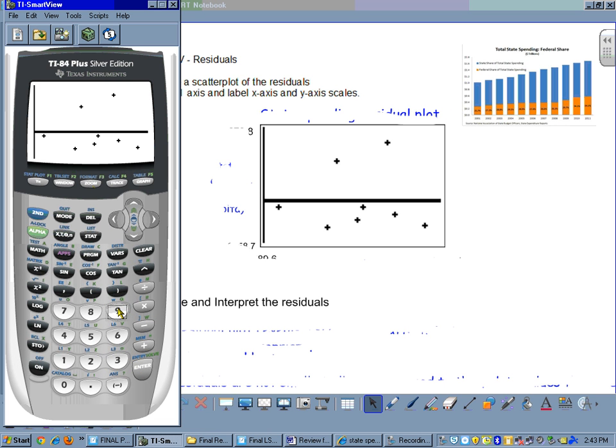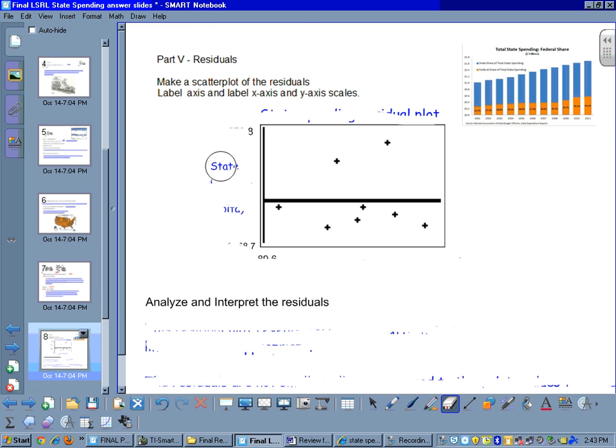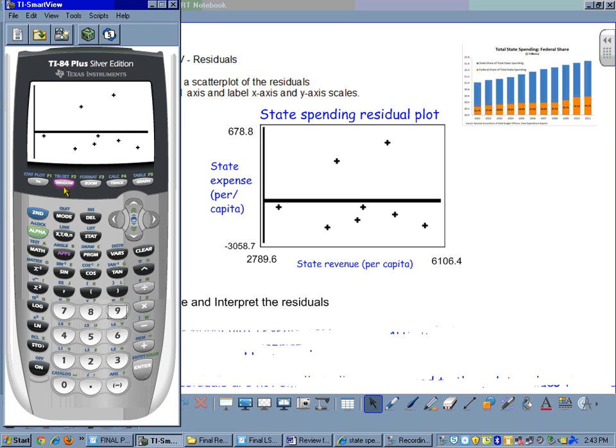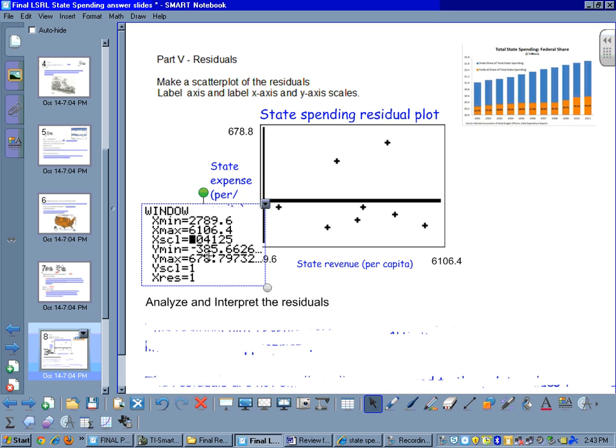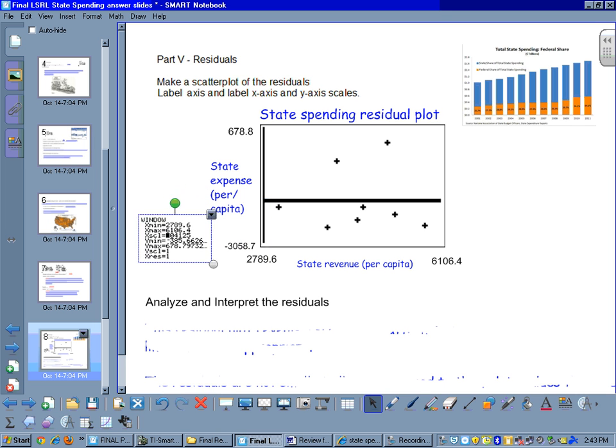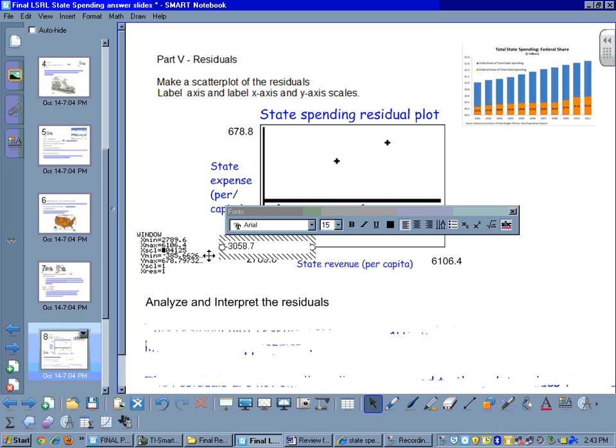That's the scatter plot I have over here on the worksheet for us. Please be sure again to label and also put your window for this in. Again, the window can be found by hitting the window button and then just moving those numbers onto your paper. The Y minimum is $358, not $3,000.